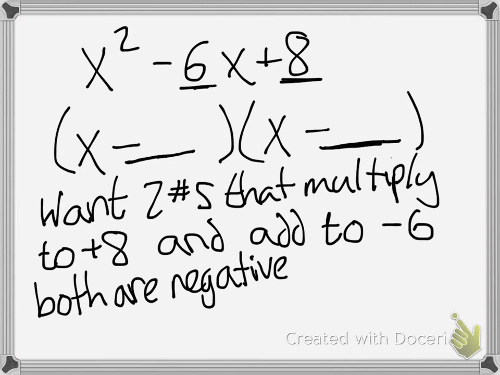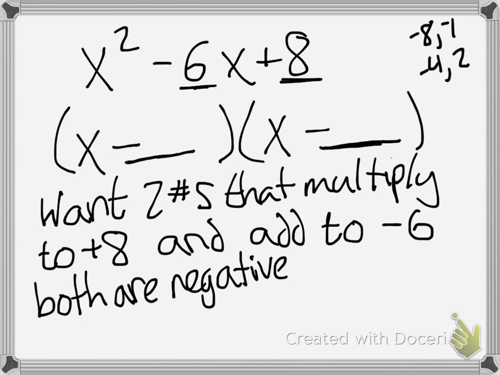Okay? So I can think of all of the numbers I can multiply and get 8. 8 and 1, 4 and 2. That's pretty much it. Now let's think of all of those being negative.